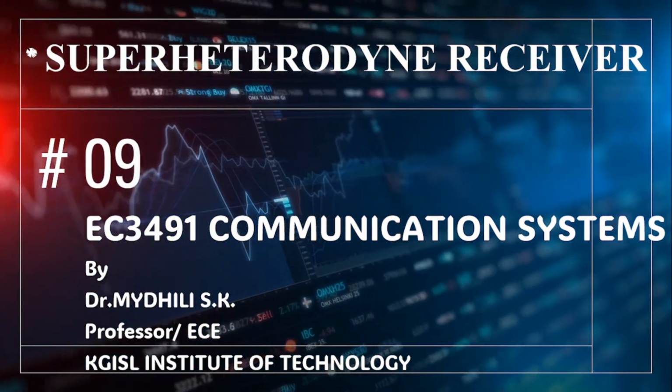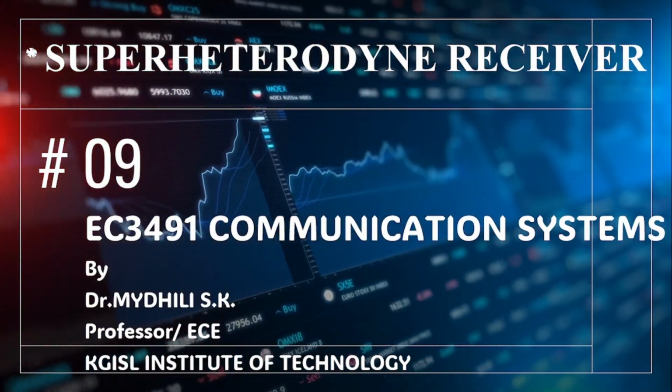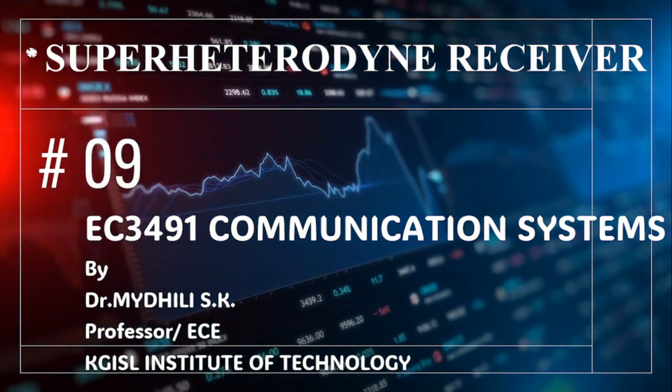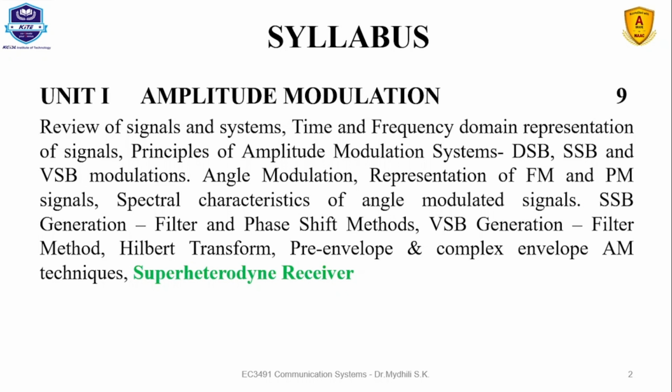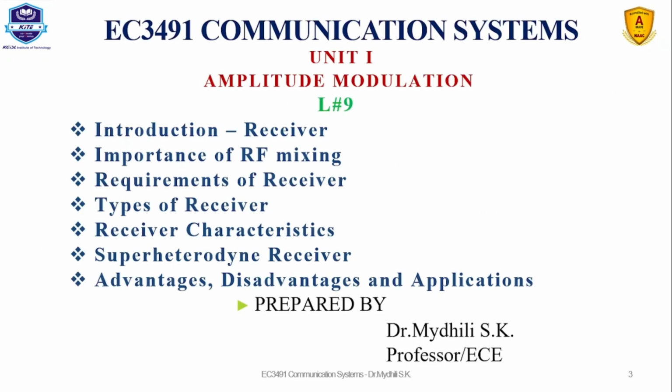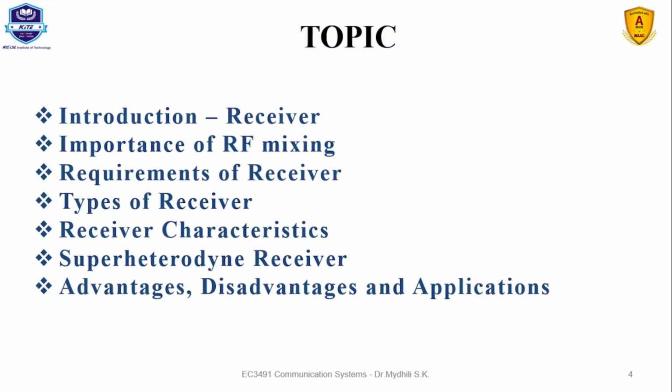In this session we are going to see about the superheterodyne receiver under Unit 1, EC3491 Communication Systems. This is our last topic in the first unit. To start with, an introduction about the receiver is given, and the importance of RF mixing is explained.